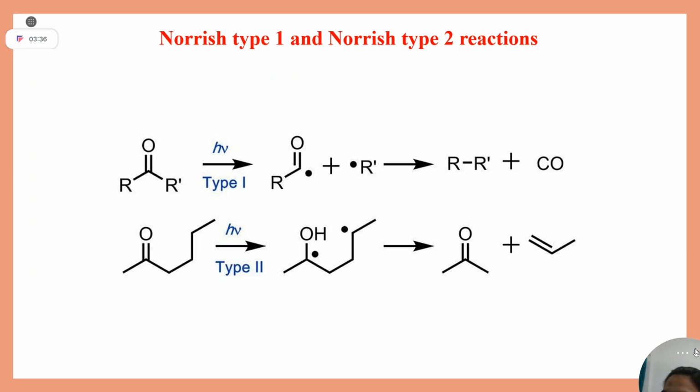The first basic reactions of photochemistry that come are Norrish type 1 and Norrish type 2. Norrish 1 is an alpha cleavage reaction.